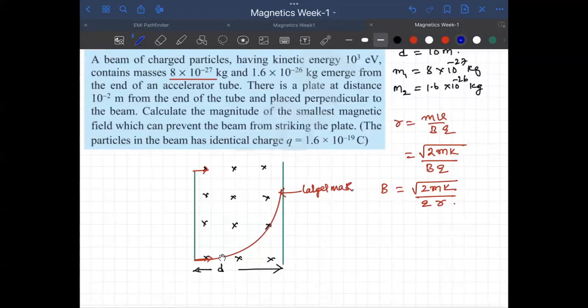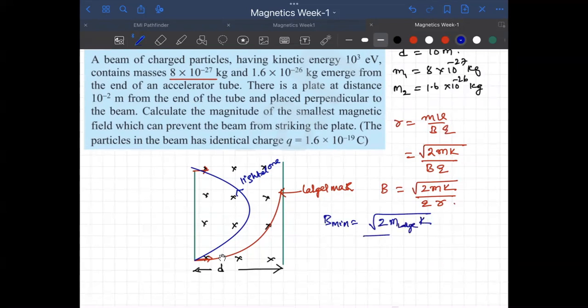What is going to be the path for the lower mass? Simply it will go like this, the lighter one. So here B minimum is 2 times m large k by q into r.